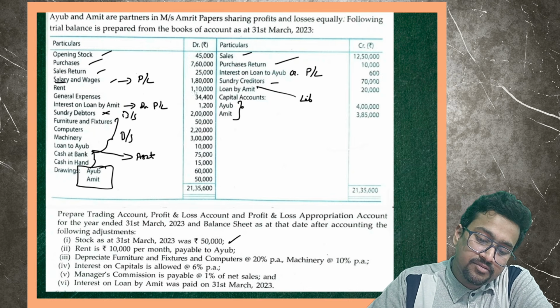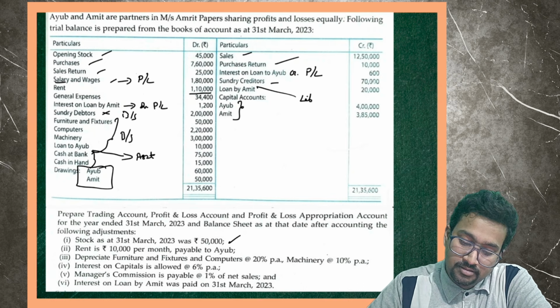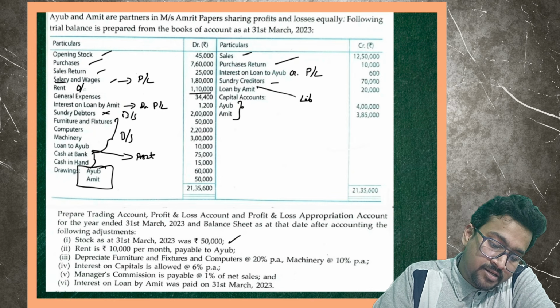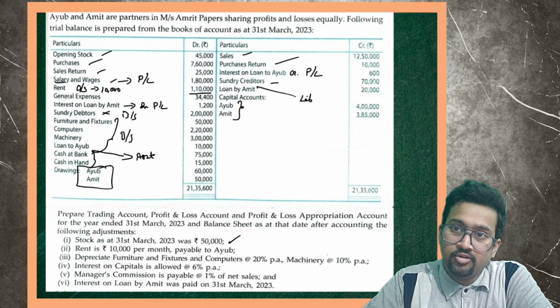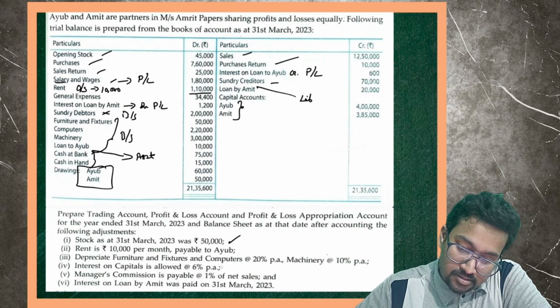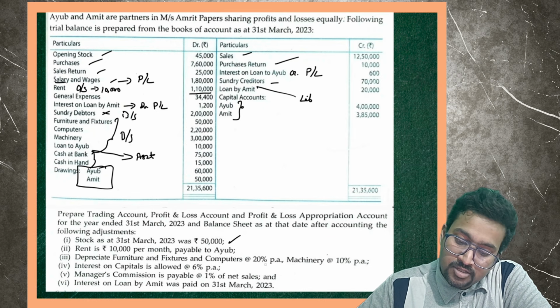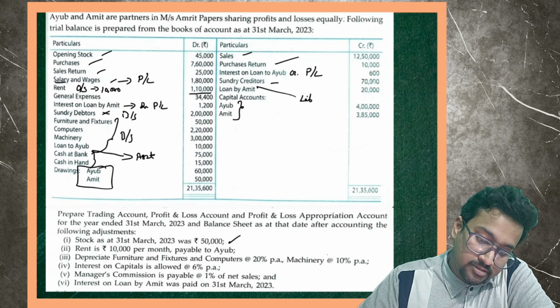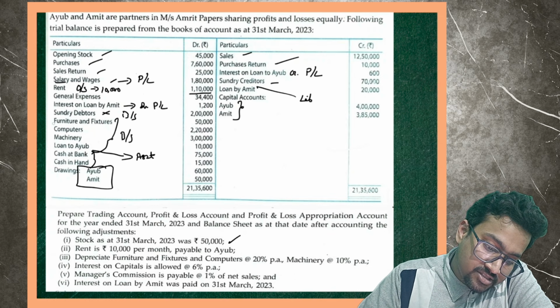Rent is given as 1,10,000 and 10,000 in adjustment, means it's an outstanding expense. So let me write it over here only. Outstanding also 10,000 we need to add on this rent. Then depreciation is given. Okay, so depreciation 20% on furniture, fixtures and computer. Furniture, fixtures 50,000, computer 2,20,000.